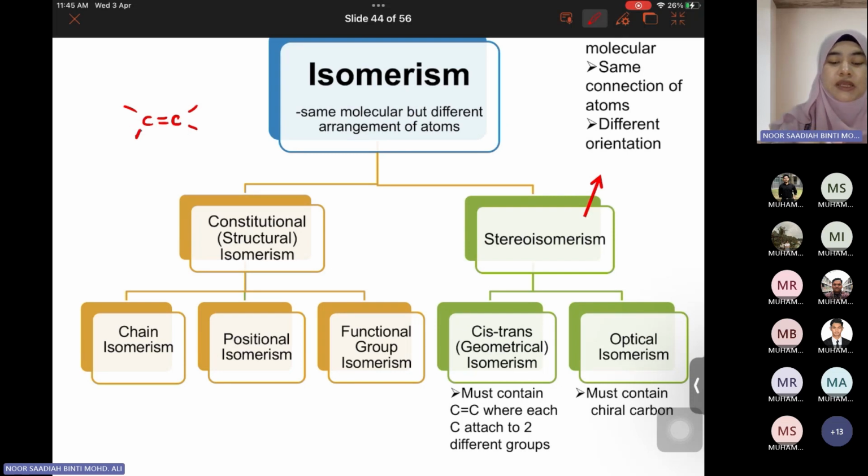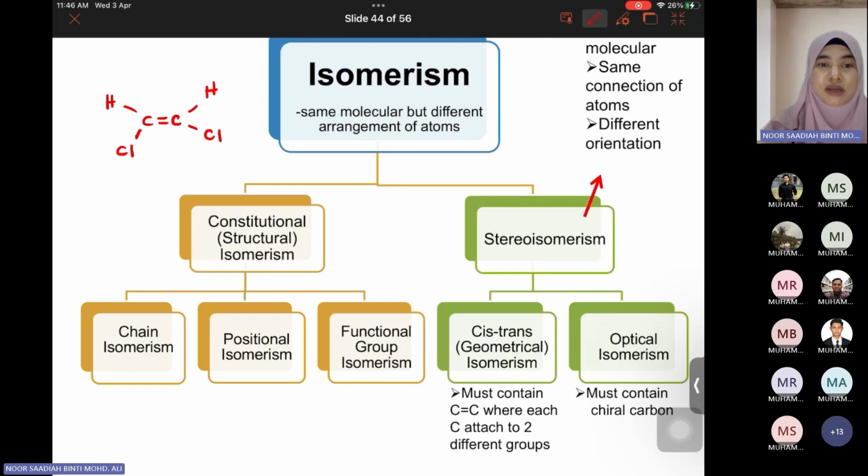For example, the first carbon on the left is attached to hydrogen and Cl, for example. And the second carbon double bond carbon also has different groups of atoms. It can be totally different from the first carbon, or it can be the same group. For example, the second carbon also has hydrogen and Cl attached to it.